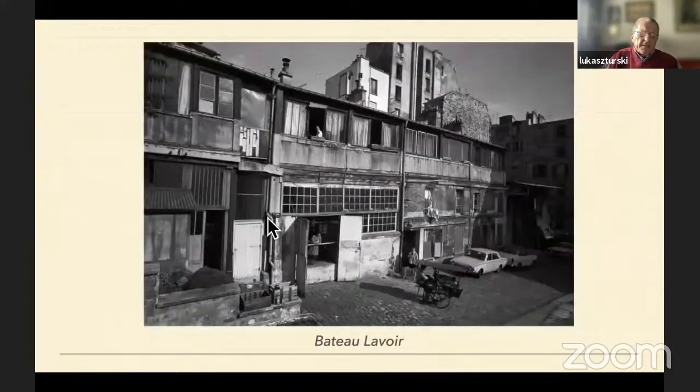And this is a picture of the same building in the mid 70s, rather mid 60s, and you can see that there is an almost modern car park there, and that was the moment when this Bateau Lavoir was resurrected by some art dealers.